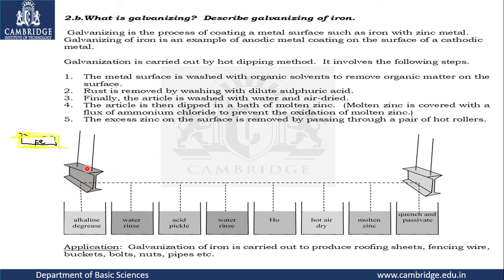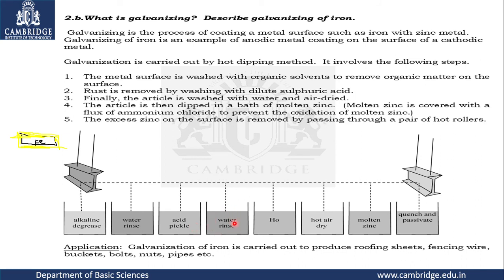Now it might have inorganic impurities like scale and very hard rust at the surface. To remove that, the object is immersed in dilute sulfuric acid, or 10% sulfuric acid, and this process we call the pickling process. After cleaning with water, it should be dried.